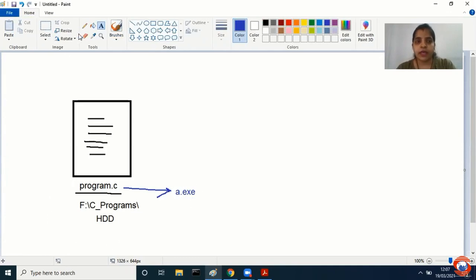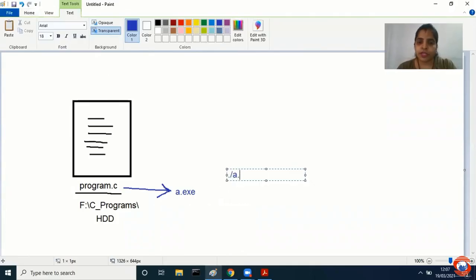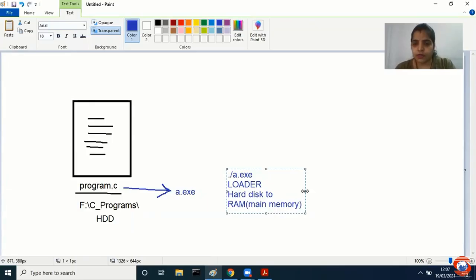It is not in execution mode. Now, when you give the command for execution, ./a.exe, there comes the picture of the loader. What will the loader do? The loader will take your program from your hard disk to RAM, which is called main memory. This is the job done by the loader.